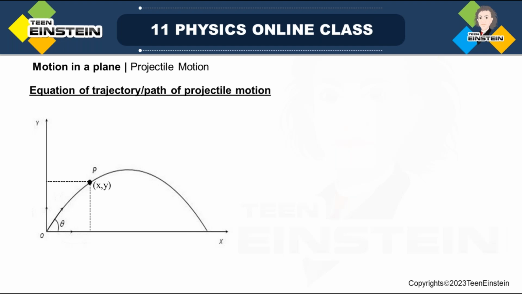So what is the path of the projectile? How do you find out the path of the projectile? First of all, in this figure, I have taken u as the velocity vector, so it has got two components as usual, u cos theta along the horizontal direction and u sin theta in the vertical direction.